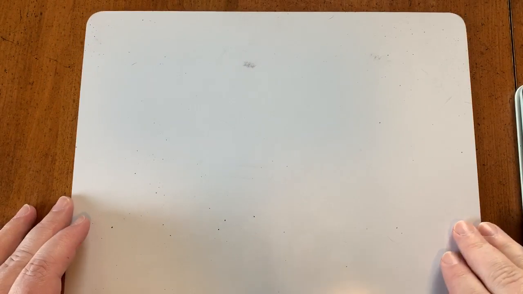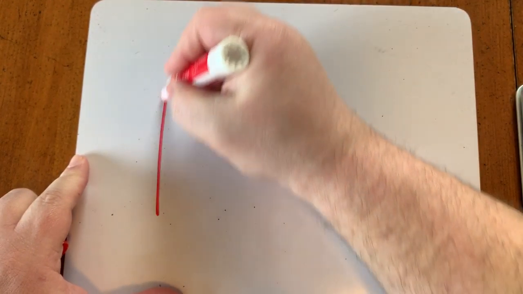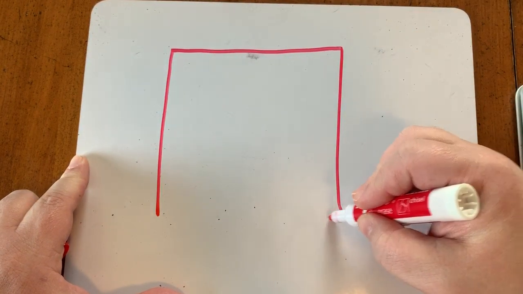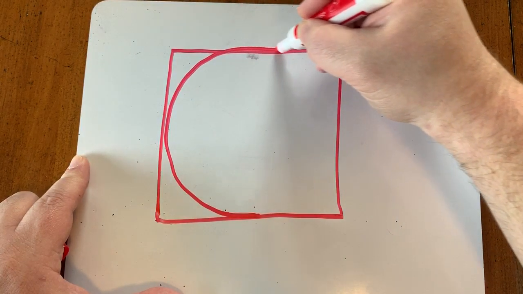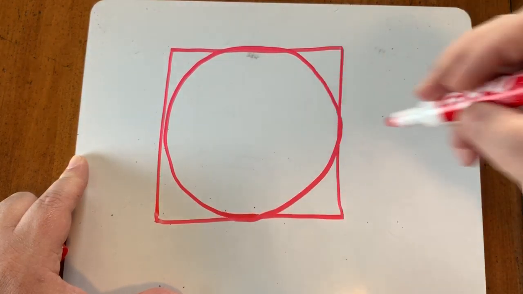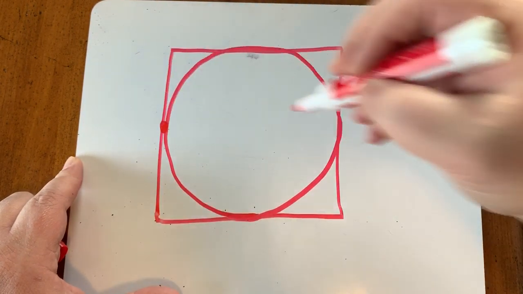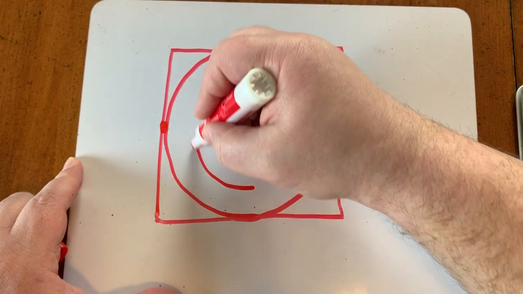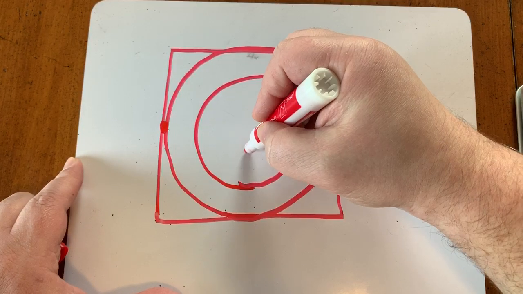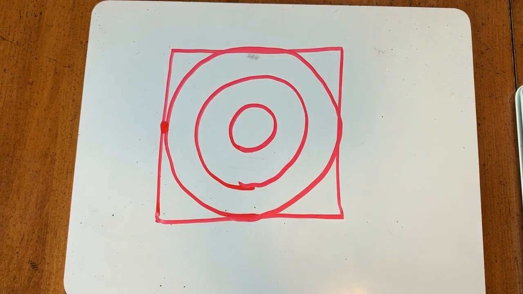Now, there may not be just one shaded region. Let's say we had a circle inscribed in a square, so pretend that it touches, and then there are concentric circles inside. Let's say this represented a target.